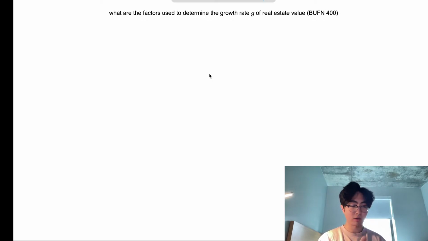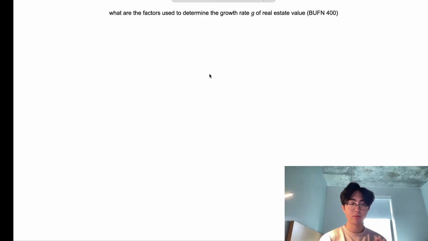One of them was the growth rates. The second was the expected return or the expected cash flows. And then also the cost of capital. So we had used the dividend discount model to value what a real estate property would be worth based on the cash flows, the growth rates, and then the required rate of return or the cost of capital.